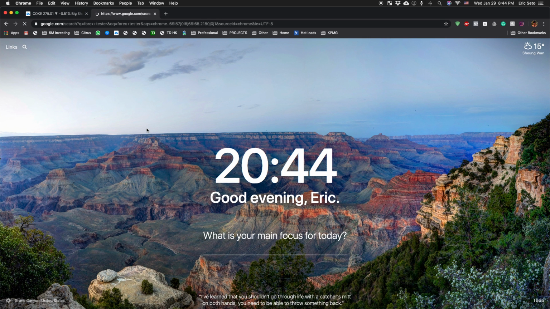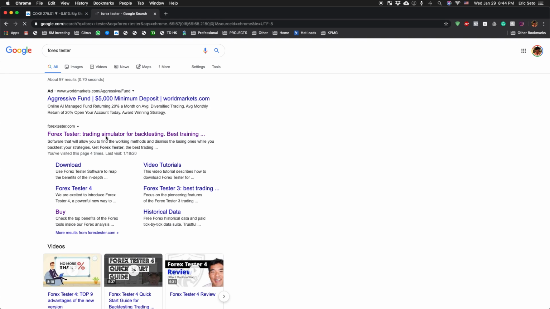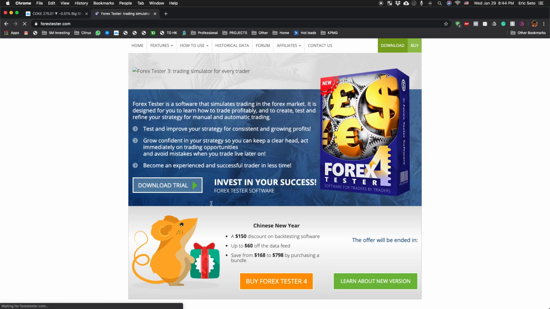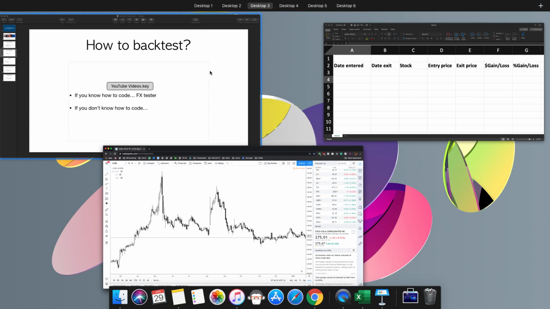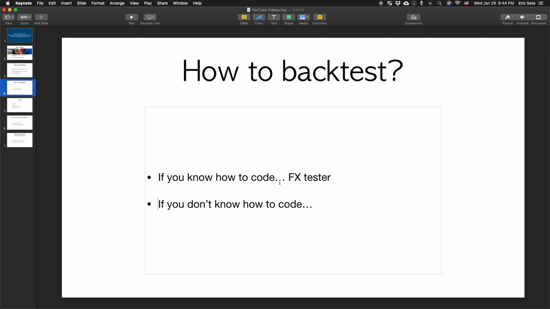And then afterwards, you can find Forex Tester here, which is a trading simulator for backtesting, and so on and so forth. So then you can buy it, and then you can write a few lines of simple code, and then you can start your testing. And this allows you to go through 10 years of data in a matter of minutes, and it also allows you to test different currencies using the same strategy, and it allows you to apply the same concepts over and over again with great accuracy.